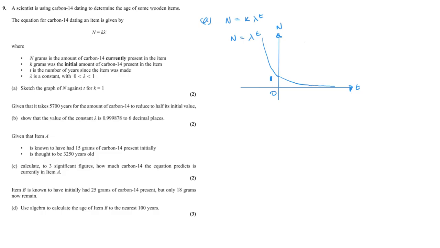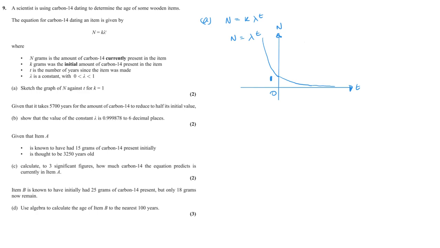So that's the graph there. This part on the left, I suppose you don't really need because t is time and we can't have negative time. I've left it in there, but you can ignore that. So that will give me the full 2 marks here on this question.